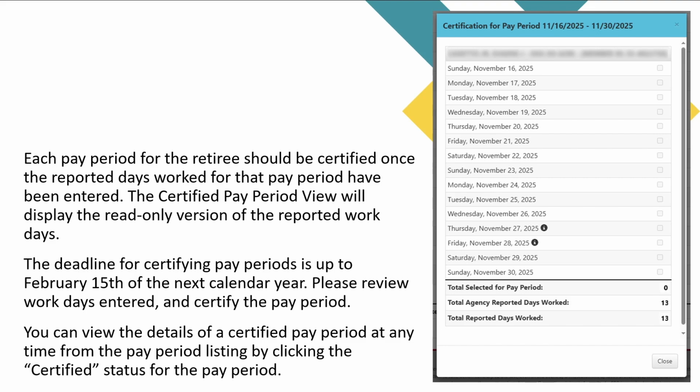The deadline for certifying pay periods is up to February 15th of the next calendar year. Please review work days entered and certify the pay period. You can view the details of the certified pay period at any time from the pay period listing by clicking the certified status for the pay period.